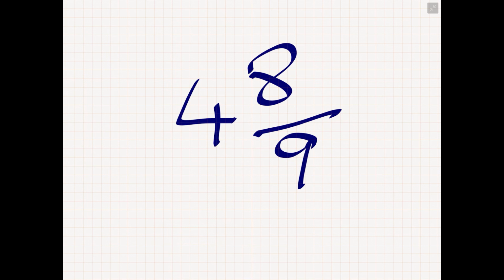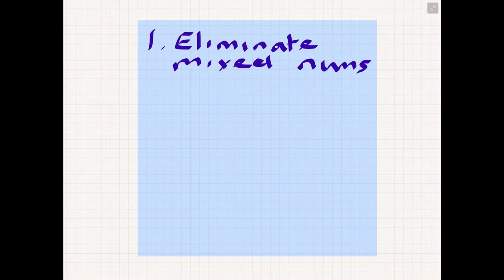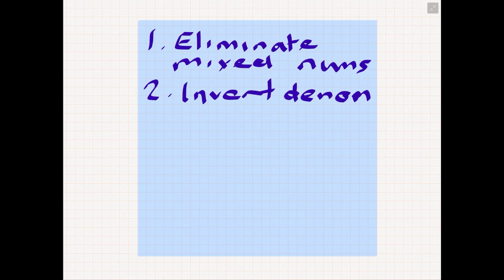So just to recap the process again, the first stage is eliminate any mixed numbers by converting to a vulgar or top-heavy fraction. Invert the denominator. Change the sign from division to multiply.